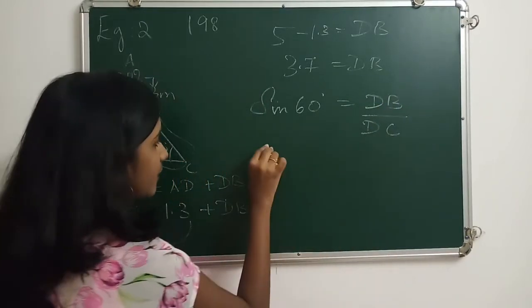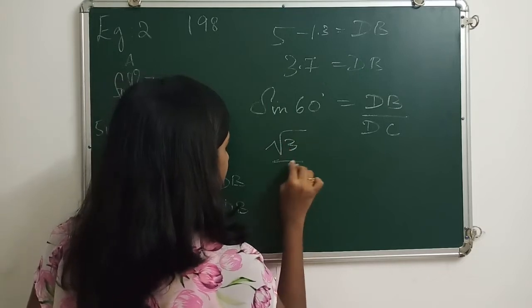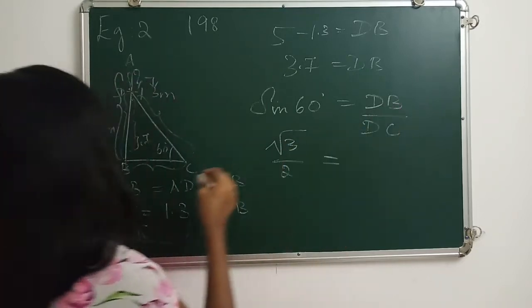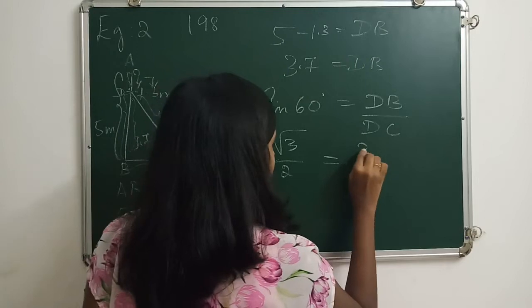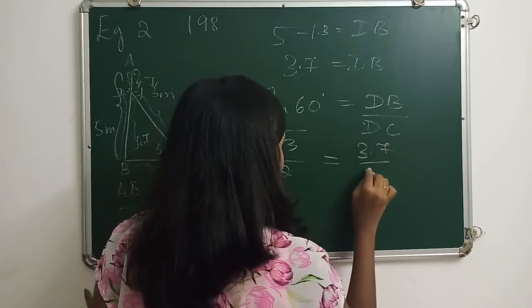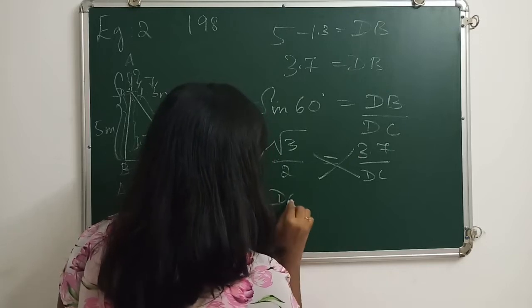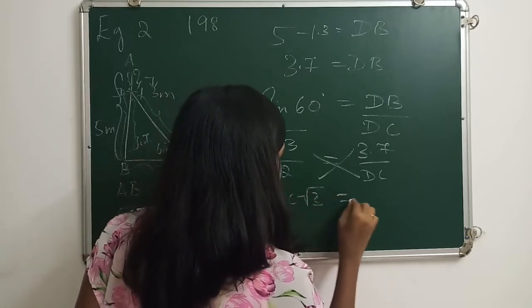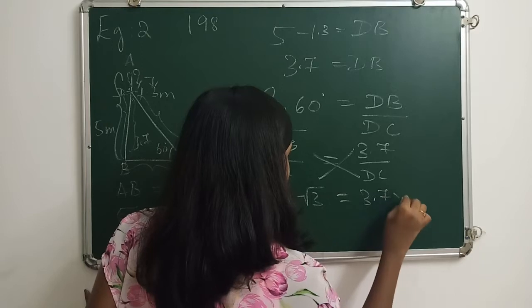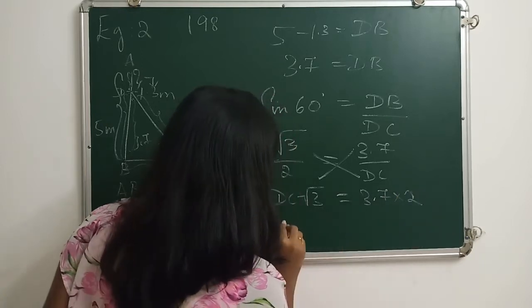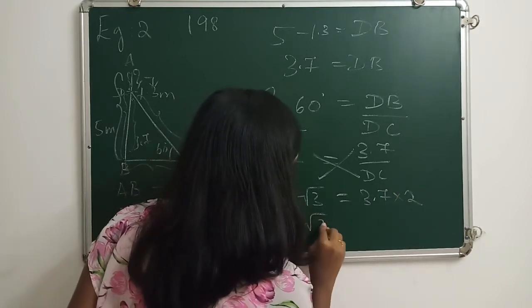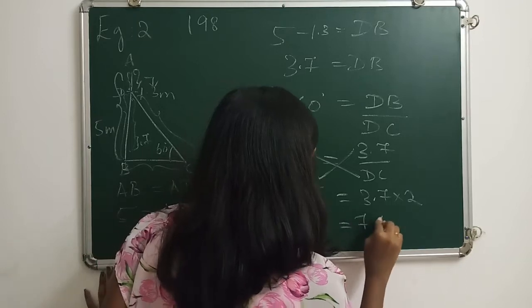Now sine 60 can be written as root 3 by 2. Now DB is 3.7 by DC, which is unknown. Now if we cross multiply we get DC root 3 to be equal to 3.7 into 2. Now DC root 3 is equal to 7.4.